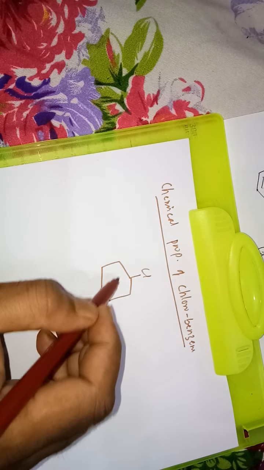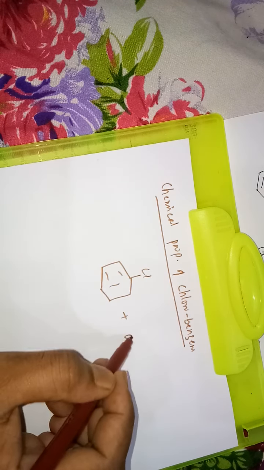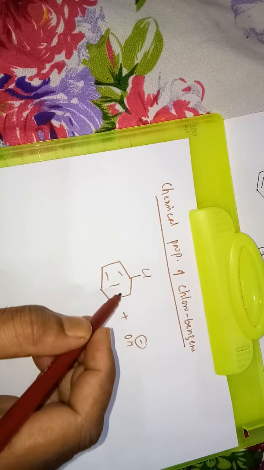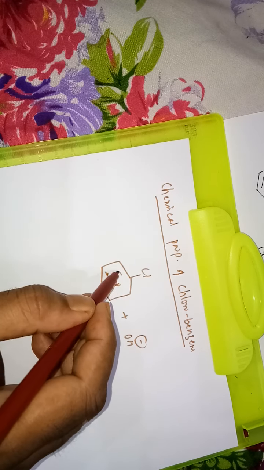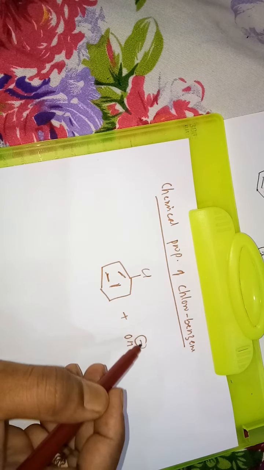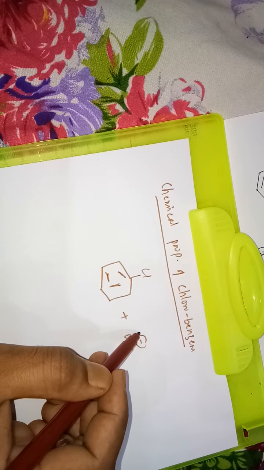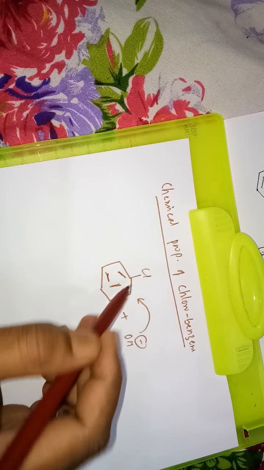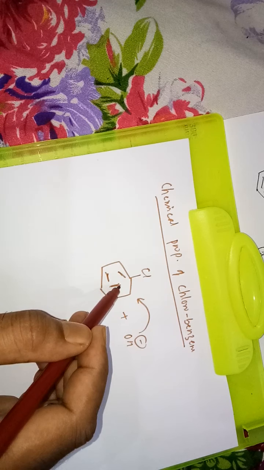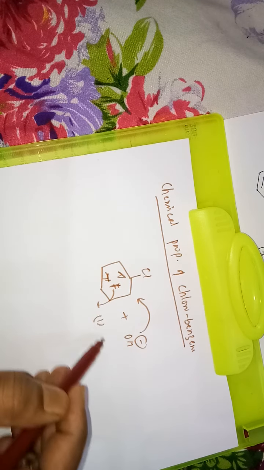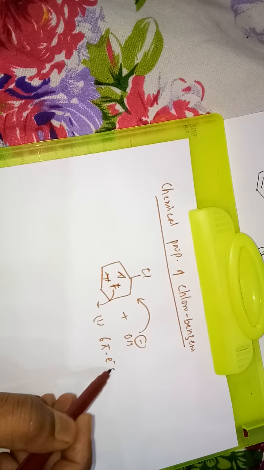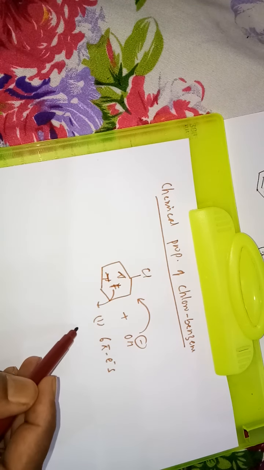So if you have chlorobenzene like that, chlorobenzene undergoes nucleophilic substitution reaction with difficulty. In chlorobenzene, this is one bond, this is another bond, this is another bond. Why does it undergo nucleophilic substitution with difficulty, meaning OH cannot replace the Cl? First of all, there are 2 electrons, 2 electrons, 2 electrons. So first of all, due to repulsion by 6 pi electrons, the OH does not enter.